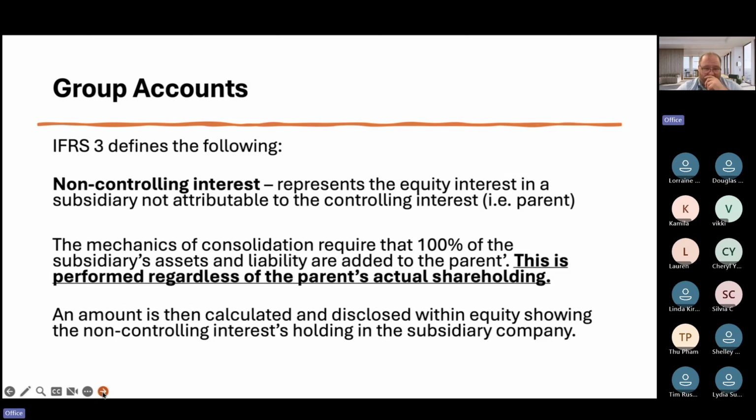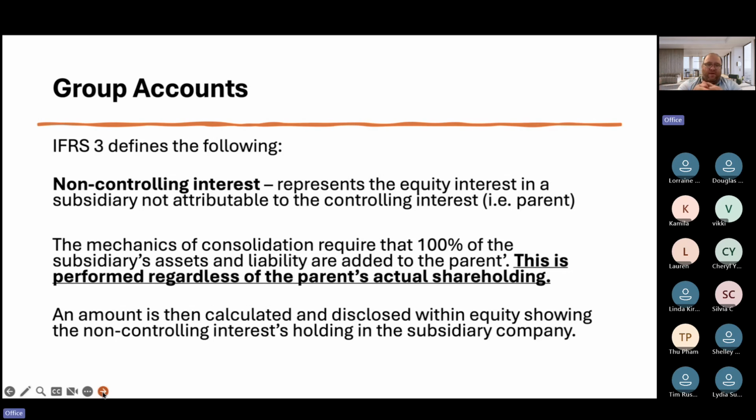Non-controlling interest represents the equity interest in the subsidiary that's not attributable to the controlling party or the controlling interest. So what we're saying is, if I own 70%, somebody owns the other 30%, and that 30% is not controlled by me, the parent company. But there is a value to that bit of the company that I don't own.